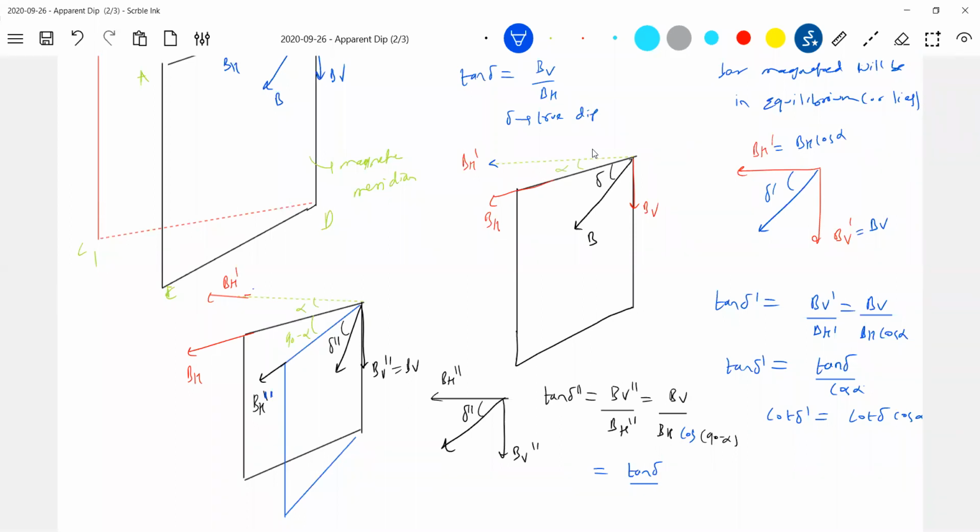The cos component of BH will resolve it. Cos of 90 minus alpha will be sine alpha. So tan delta double dash is equal to tan delta by sine alpha.